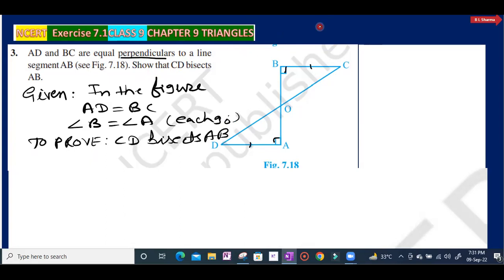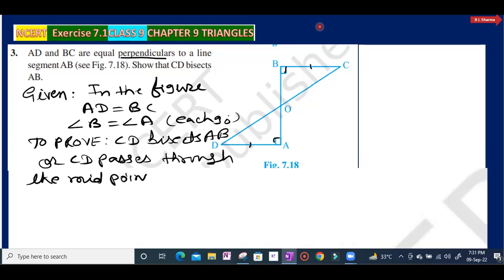Bisect means divide into two equal parts, or CD passes through the midpoint of AB, और ये प्रूव करना है कि ये जो CD है AB को बाइसेक्ट करता है. मीन्स हमें ये प्रूव करना है कि ये जो CD है AB के मिड पॉइंट से पास होता है.